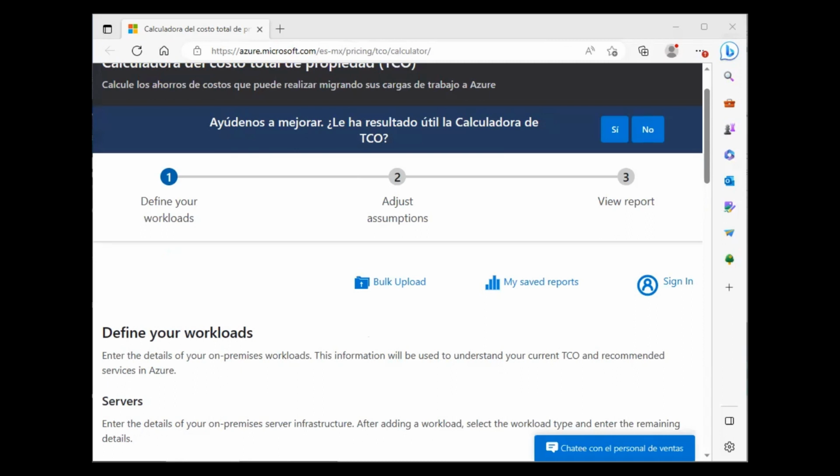Under define your workloads, select add server workloads to create a row for your bank of Windows Server VMs, virtual machines.